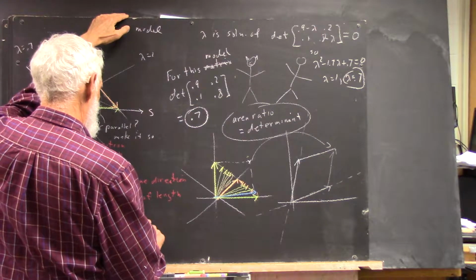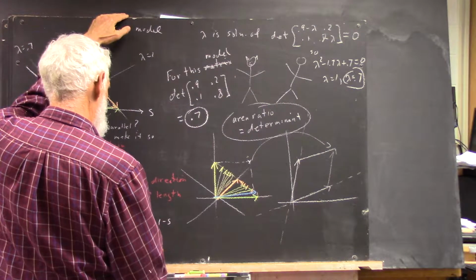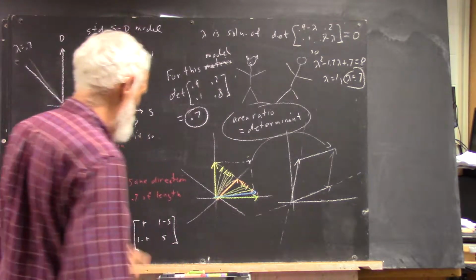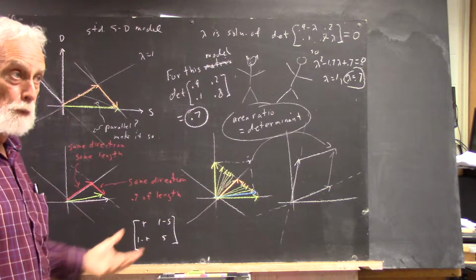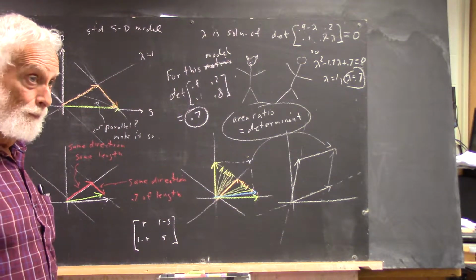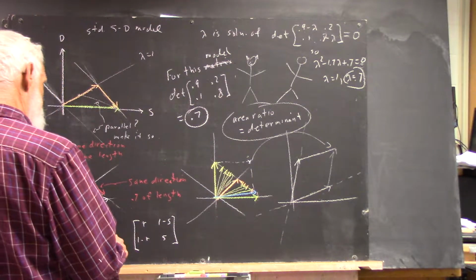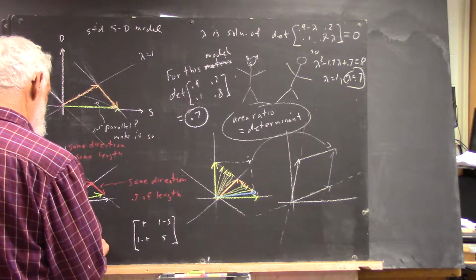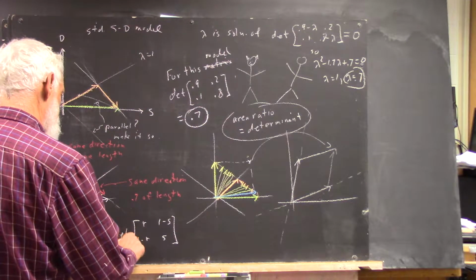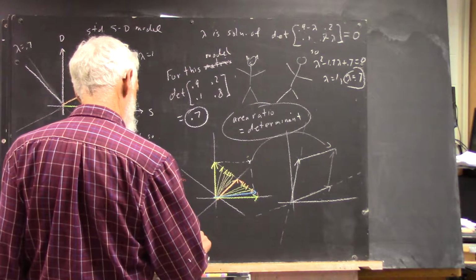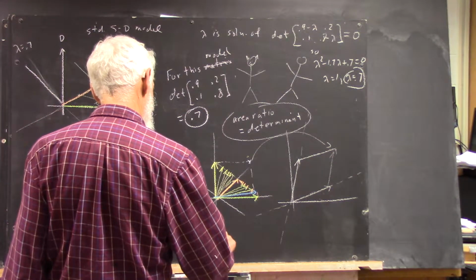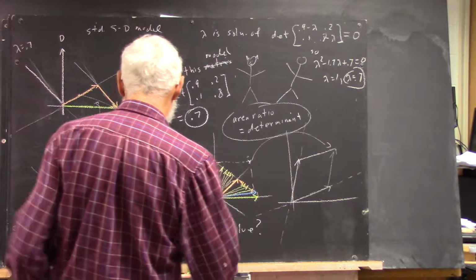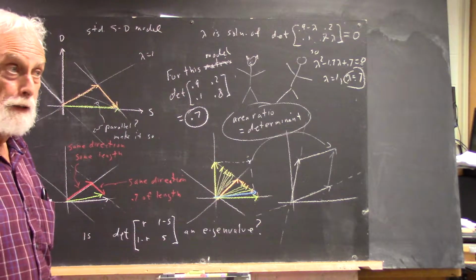So if you've got the matrix with entries R, 1 minus S, 1 minus R, S, with R and S both between 0 and 1, as we've seen, is the determinant of this thing an eigenvalue?